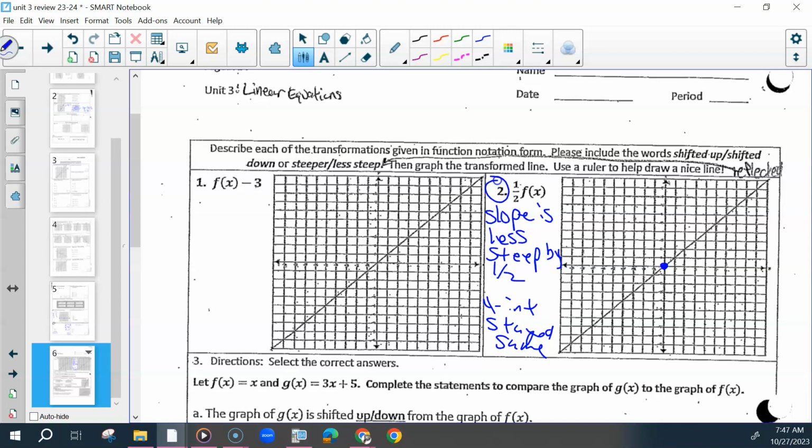So we can go up 1 to the right 2 as many times as possible, and down 1 left 2 as many times as possible. Are there any other problems on this page we want to go over, or have questions about?